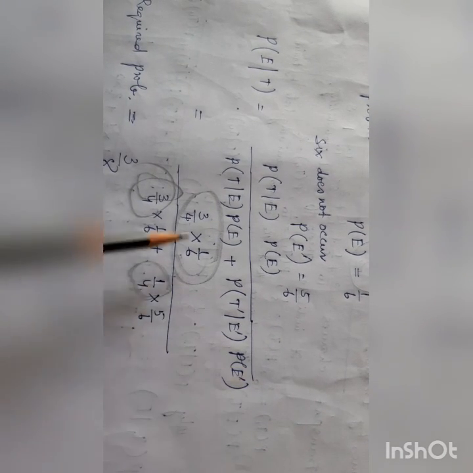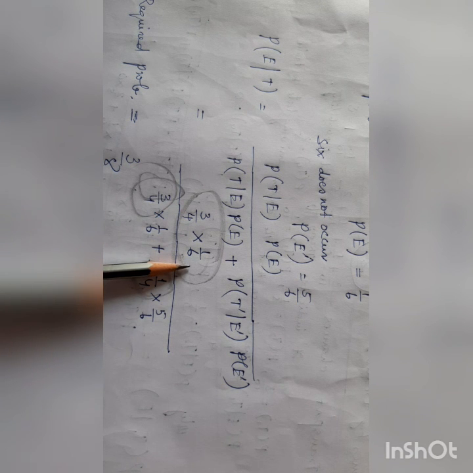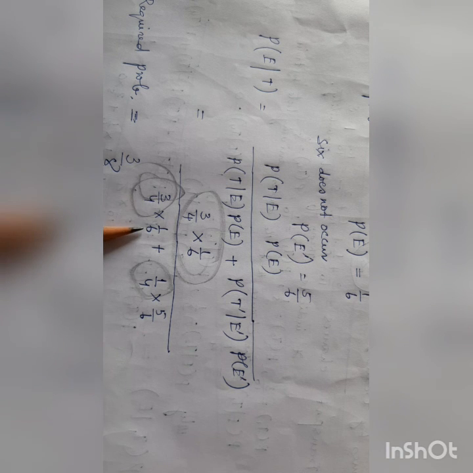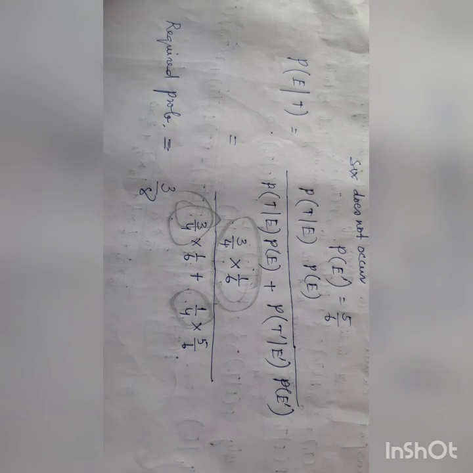That is 3 by 4 into 1 by 6 whole by 3 by 4 into 1 by 6 plus 1 by 4 into 5 by 6. Required probability is 3 by 8.